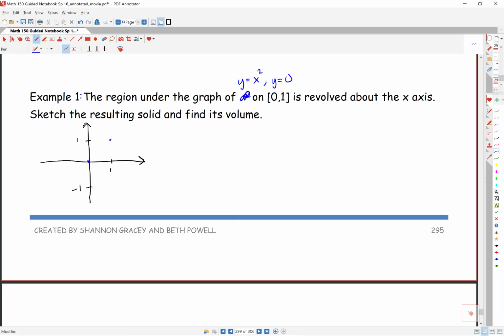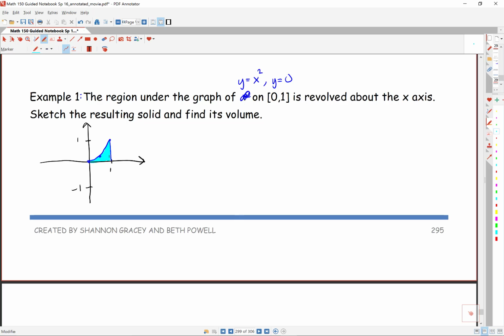It's going to look something like this. And then we've got the bound going down at x is 1 and x is 0. So our region that we're revolving looks like this. Got it highlighted in the blue. And you guys were used to doing that when you were working on the area between curves.